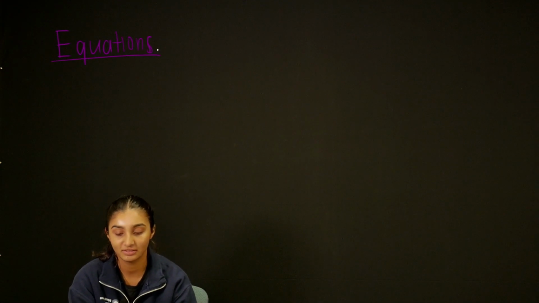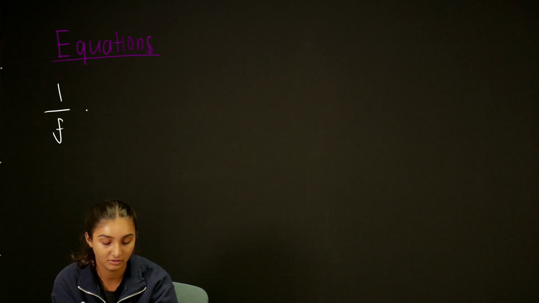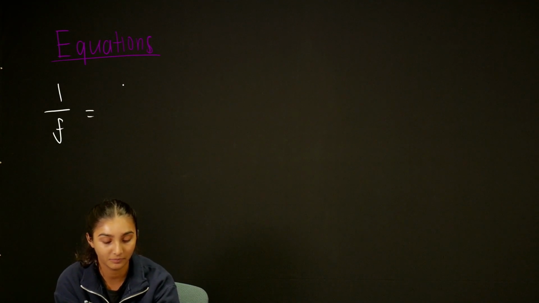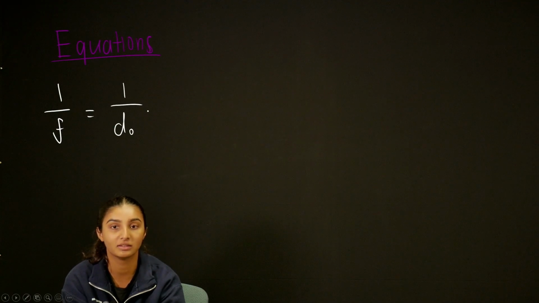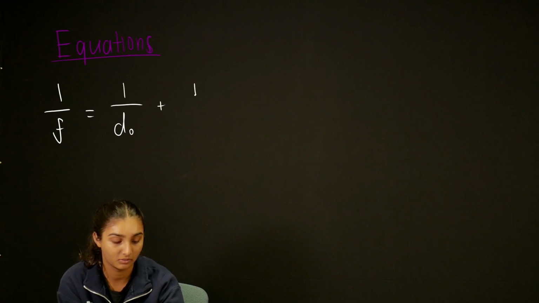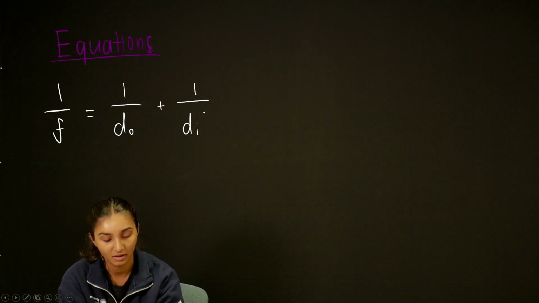So a few equations to keep in mind. We have 1/f, where f stands for the focal length, equals 1/dO, which is the distance of the object, plus 1/di, which is the distance of the image.